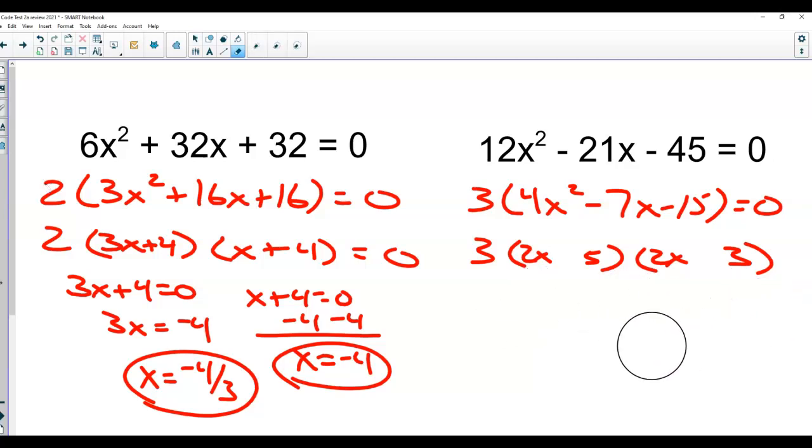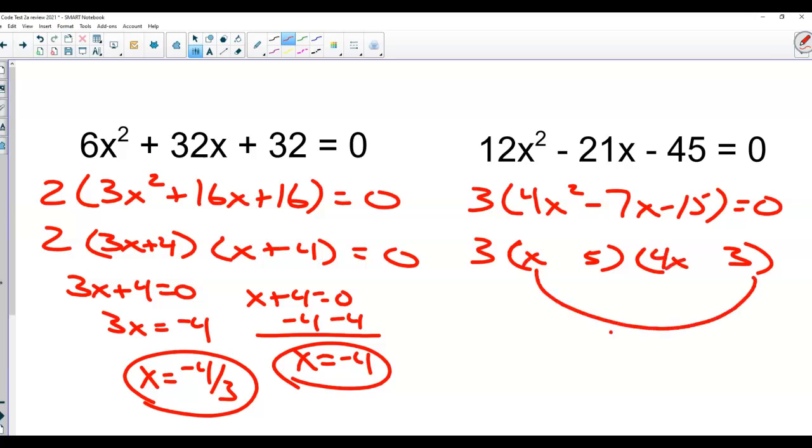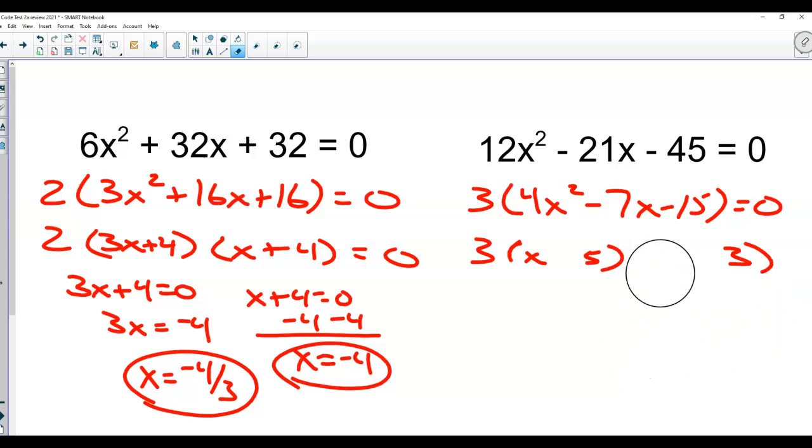Before I switch the 5 and 3 out, let's try 4 and 1. If I did x and 4x, 3x and 20x. Any way to make that a negative 7x? Nope. So now let's switch the order.